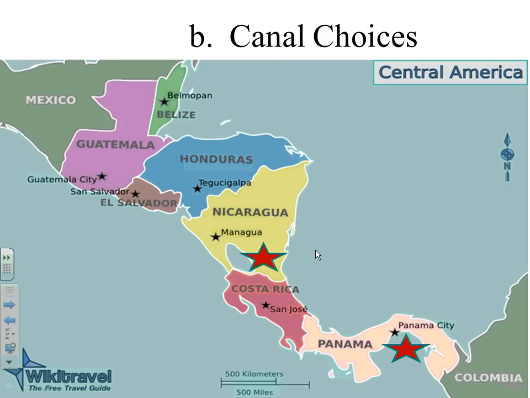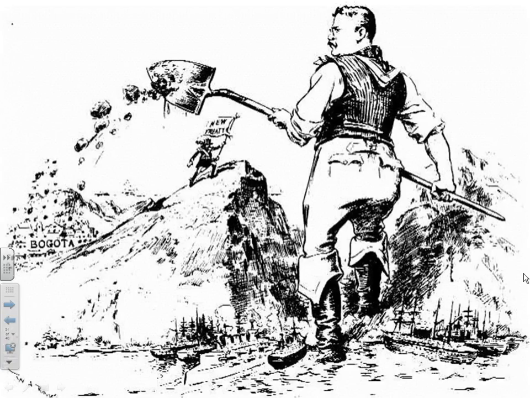And Nicaragua had some positive traits here, even though it's a larger, wider country than the narrow isthmus territory of Panama. They had this large waterway or lake that could be connected. So there were a lot of people pushing for Nicaragua to be the canal area. But ultimately, we know it's this thin territory of Panama where the canal is going to be cut. So that will be the ultimate choice. And so there's some interesting history there related to Panama that we want to go through.